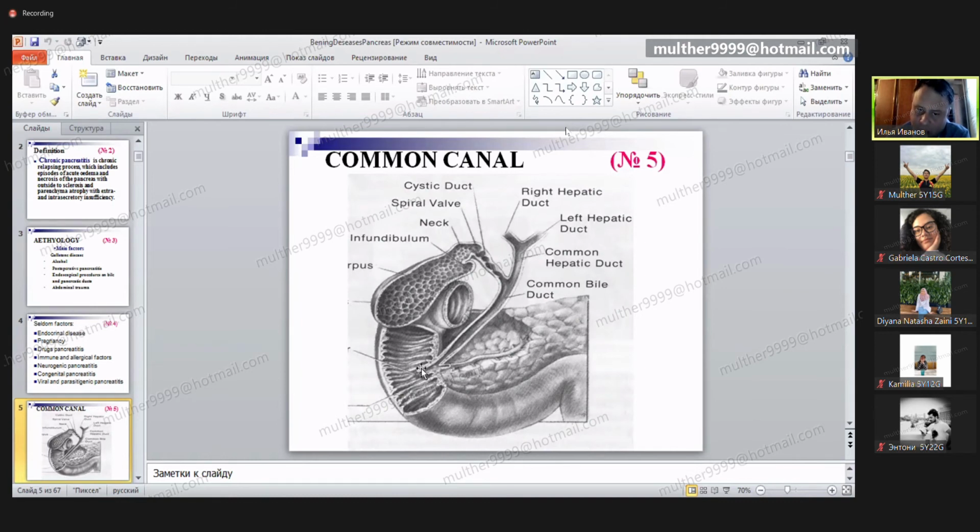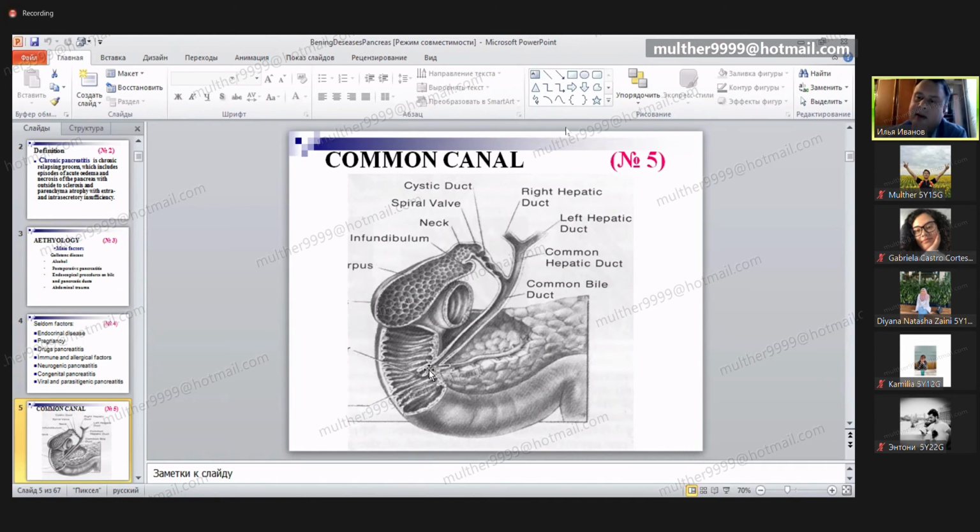Occlusion, blockage of the terminal part leads to development of the theory of common channel. What is this? It's the formation of the united hydraulic system of the biliary ducts and pancreatic ducts. And it's very terrible for the pancreas. Why? The usual production of the pancreatic juice per day is near 800 milliliters.